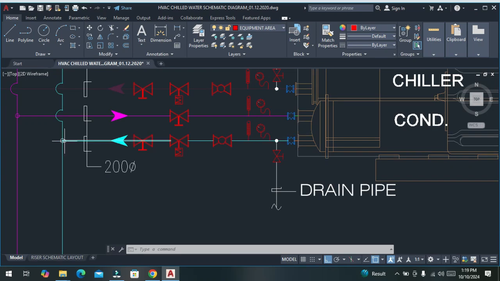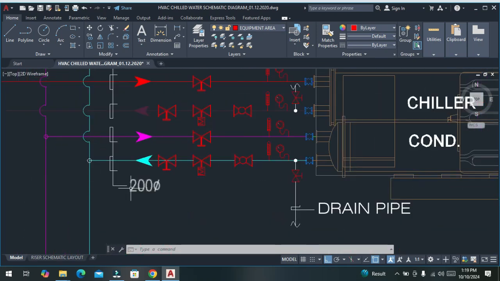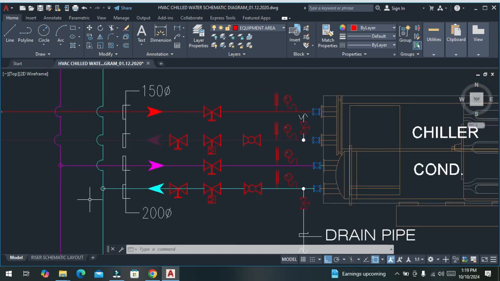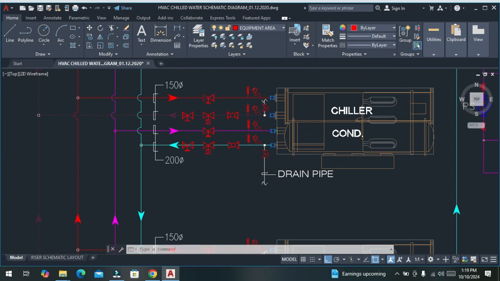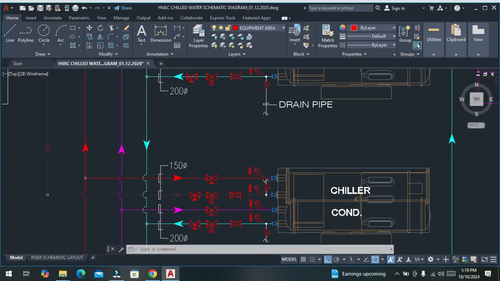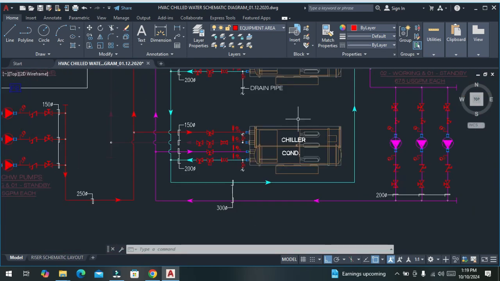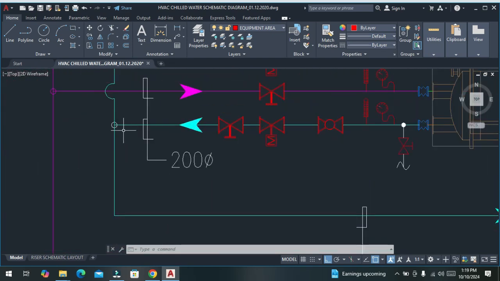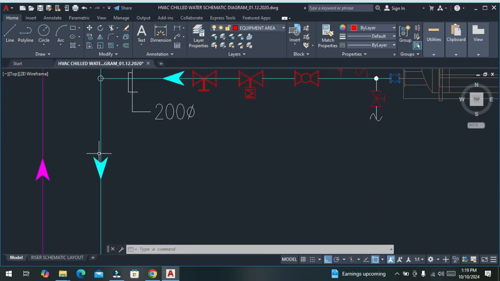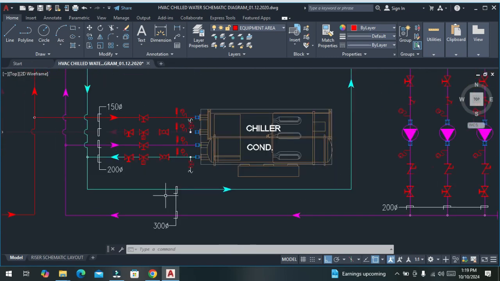This pipeline is 200 dia pipe size. It goes here, and if you trace the pipeline, the third chiller is also connected over here. So this is the header of the outlet of the condenser.